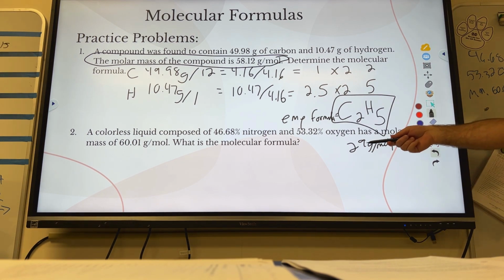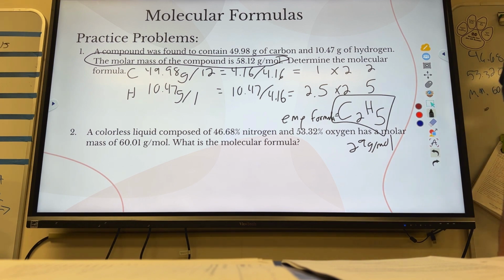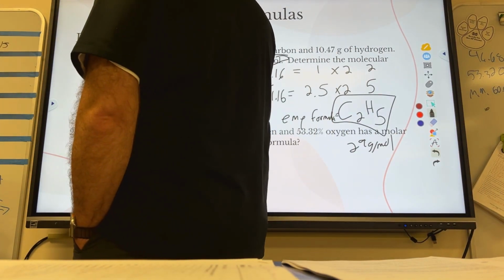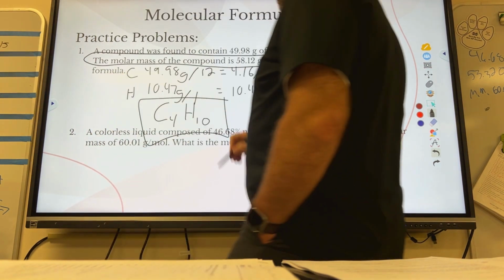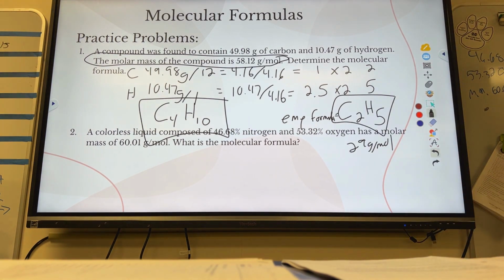We found our molar mass to be 29, so what is our answer here? 2. C4H10. I know this is messy because it doesn't give me enough room to write in here. You guys have more room in your book. Remember, molecular formula is typically a whole number multiple of your empirical formula. So this would be C4H10.